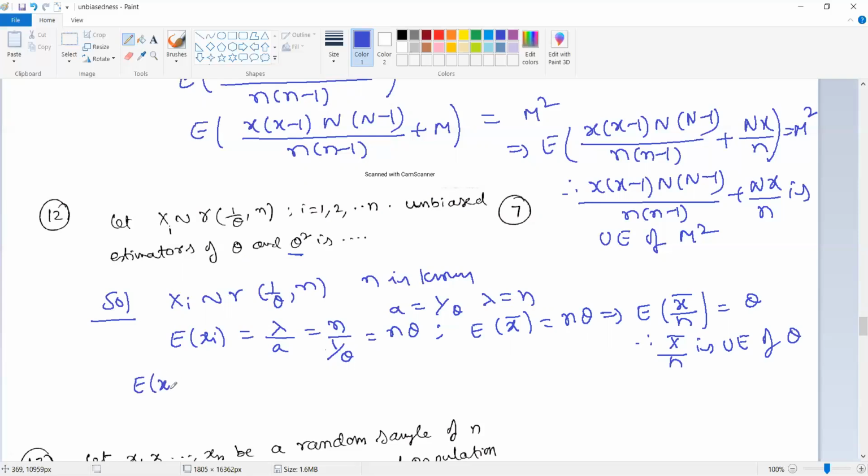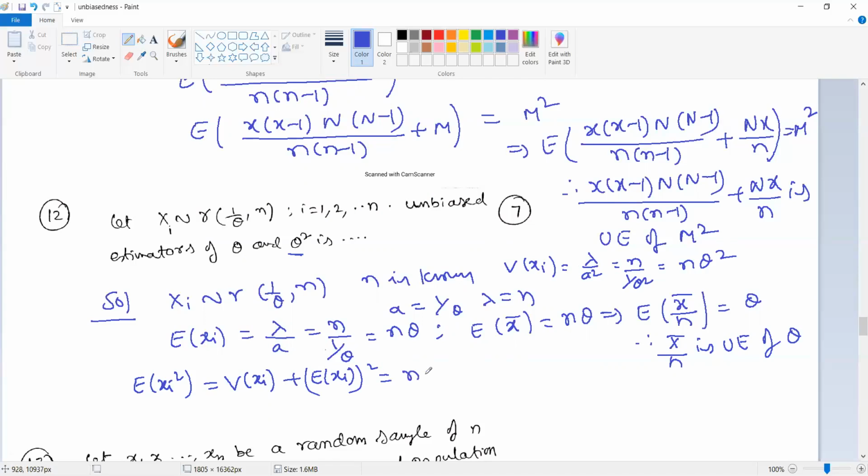E of xi square is equal to variance of xi plus E of xi whole square. The variance formula: variance of xi is equal to lambda by a square. Here lambda is equal to n and a is 1 by theta, so that is equal to n theta square.